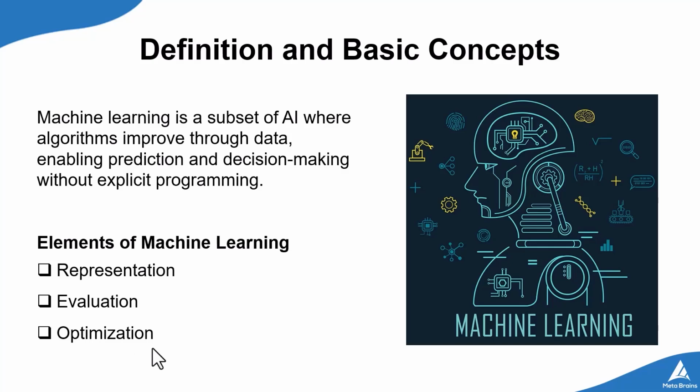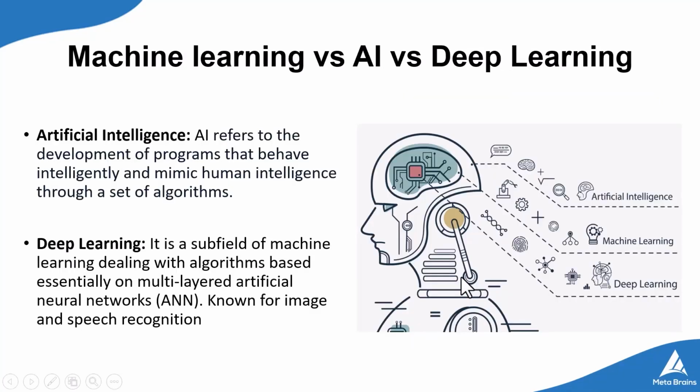Let's move on to the next topic, which is machine learning versus AI versus deep learning. So how is machine learning different from AI and deep learning? Machine learning is often confused with artificial intelligence or deep learning, and while machine learning is a subset of artificial intelligence, it has its differences at its core.